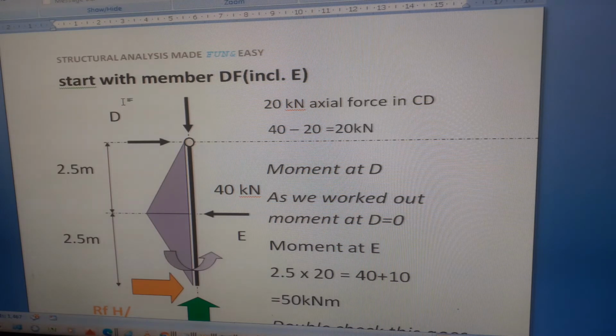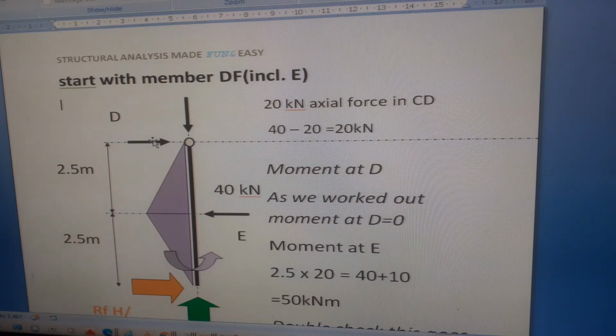So that means at D there must be a horizontal force to restore the moment. That must balance to 50 kilonewtons at position E. So there must be a 20 kilonewton axial force in member CD to balance the moment back, because we know that at point D the moment is 0.